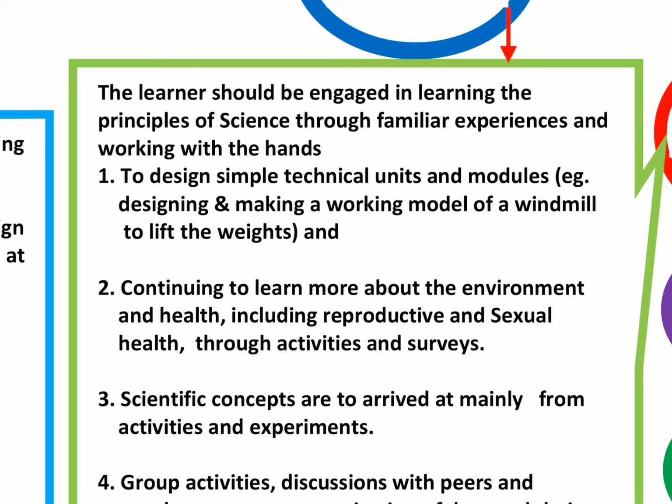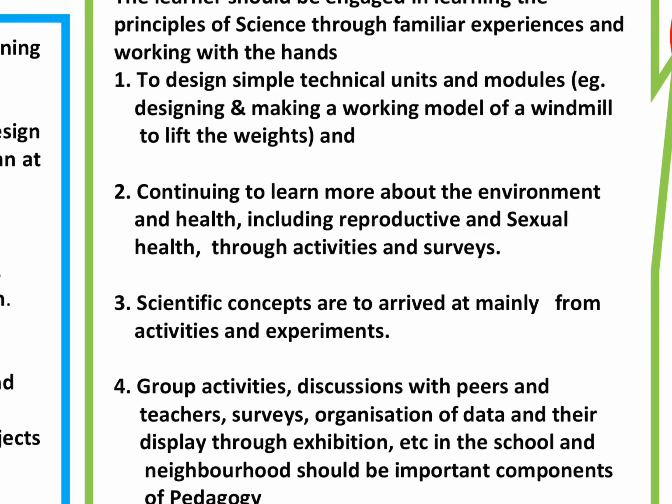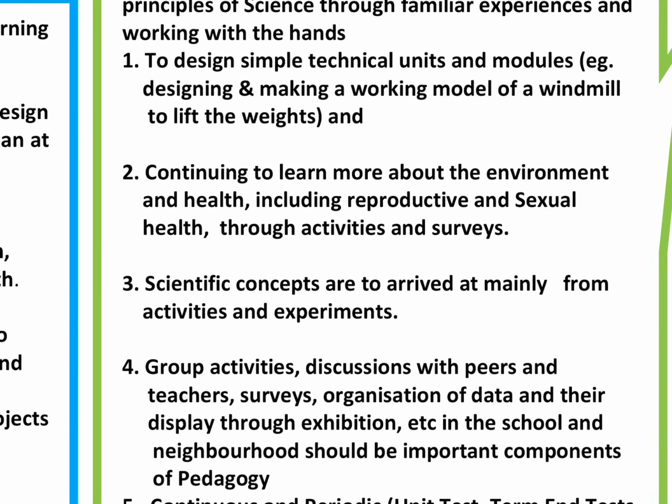like how to do rainwater harvesting, then how to make the electrical bill, etc. This type of working model students can prepare in the upper primary stage, meaning classes 6, 7, 8. Second, continuing to learn more about the environment and health, including reproductive and sexual health, through activities and surveys.